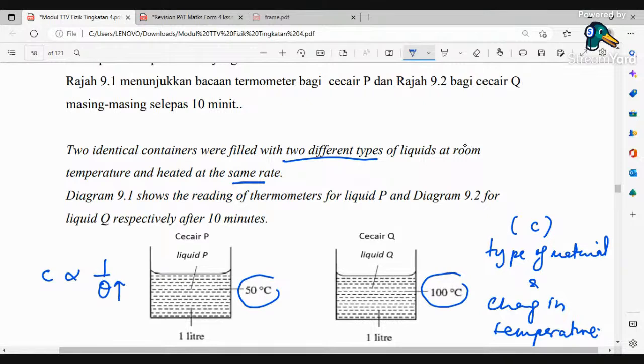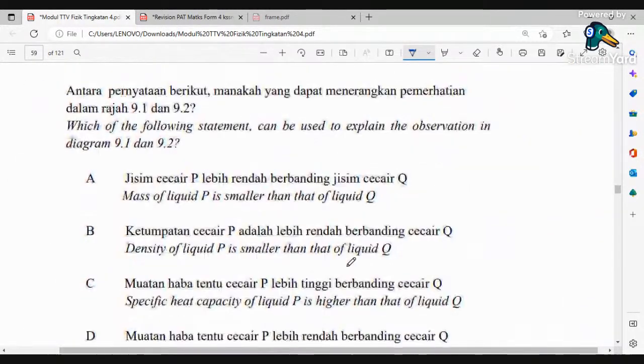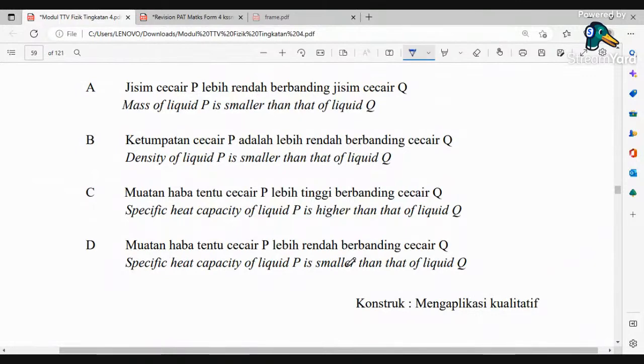Larger change in temperature means smaller specific heat capacity. Or we can say Q heats up faster than P. Q lebih cepat panas banding P. Maksudnya specific heat capacity Q is smaller than P. Okay, we look at the answer. Okay, A.